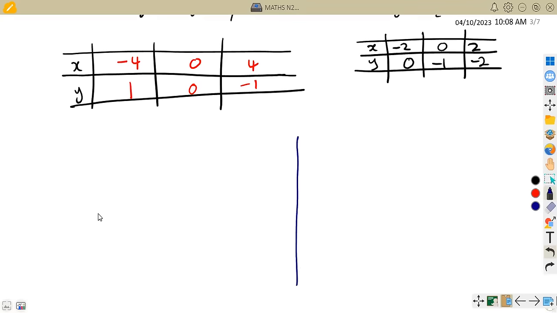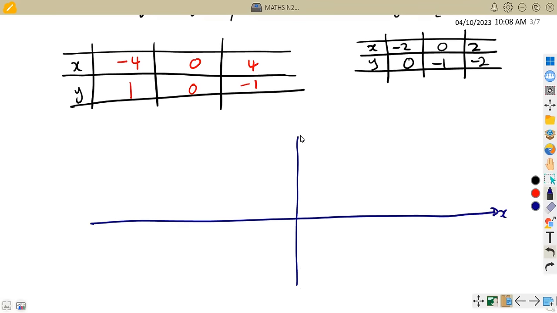In this case, let's say you were having your points. This is our x, this is our y, like this. We have got up to 4. So we can just say 1, 2, 3, 4, -1, -2, -3, -4 on each axis.